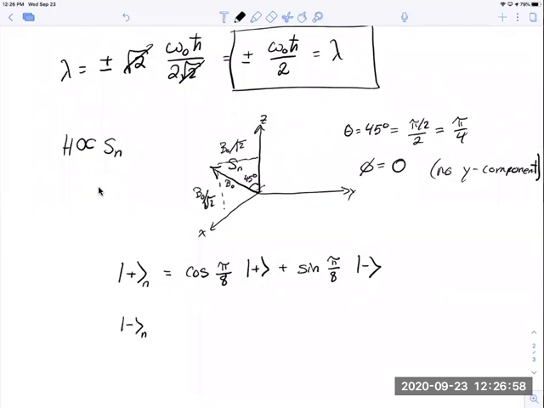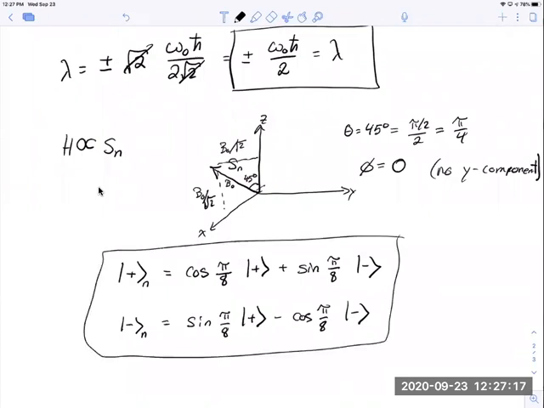Spin down in the n hat direction is the sine of theta over 2, so the sine of pi over 8, spin up in the z direction, minus the cosine of pi over 8, spin down in the z hat direction. And so these here are my energy eigenstates.